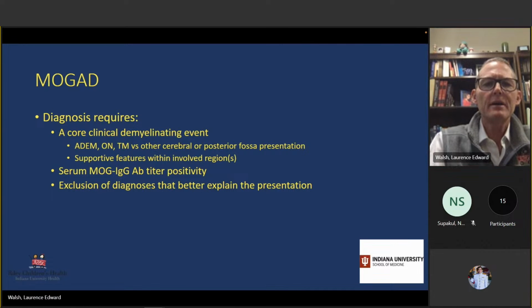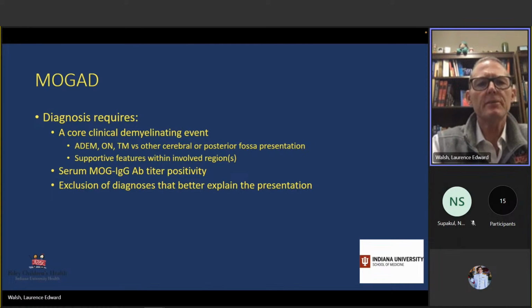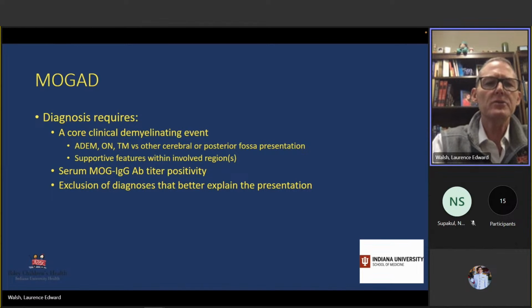And then you look at the supporting features, and as Dr. Wu had gone through, the type of lesions that you expect to see with this versus some of the other disorders. So use those to support having one of those core features. Does it really fit well? And then you have to have MOG titer positivity.